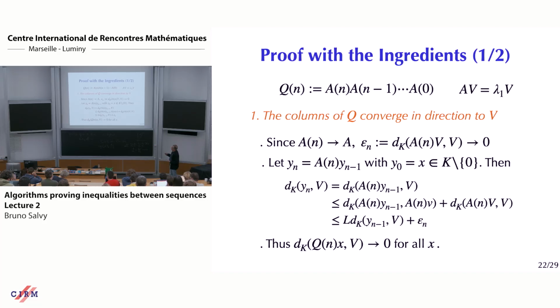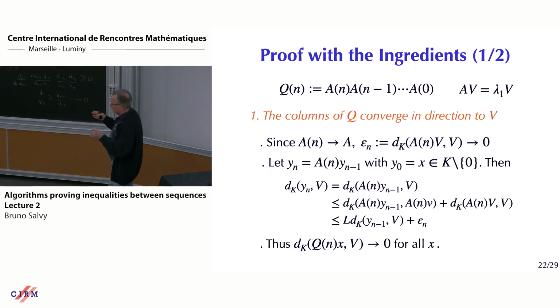Now you define the one you're really interested in, which is y_n is A_n y_{n-1}, with y_0 is x in the cone. Then the distance of y_n to V, by definition of y_n, is the distance of A_n y_{n-1} to V. And then I use the triangle inequality. I put A and V in the middle. Now I told you A_n has a Lipschitz constant L smaller than 1.